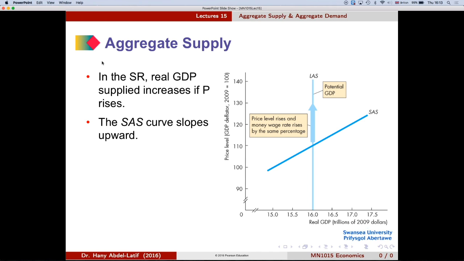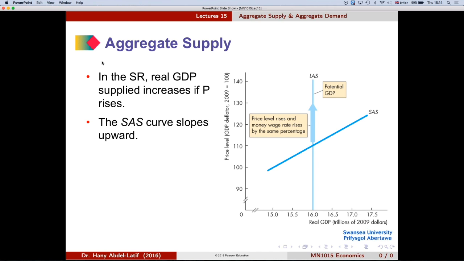But in the short run, because the money wage rate is constant, if we have an increase in the price level, this will encourage firms to increase GDP. So that means if the price increases, the real GDP will increase. So that's why we have this upward sloping curve in the short run.